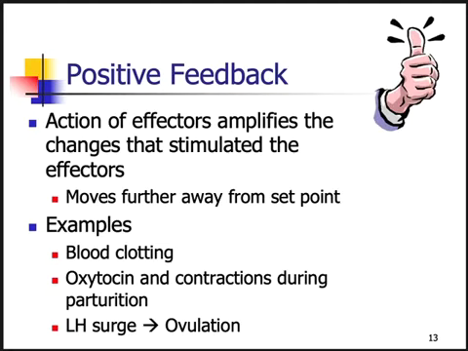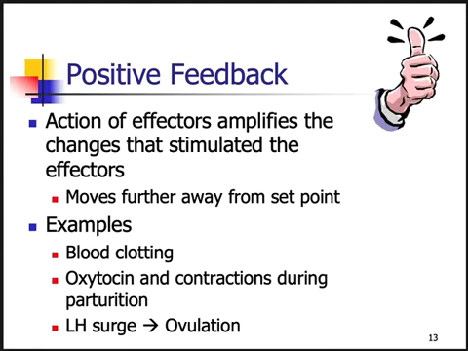And so you get this increase, this amplification of change until you actually do achieve some goal, and then you do go back to homeostasis, right? So like the blood clot, once you make the blood clot and you stop bleeding, then of course healing processes will set in, but you will return to homeostasis because you're not losing blood anymore.